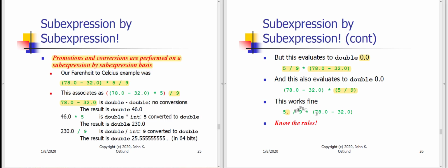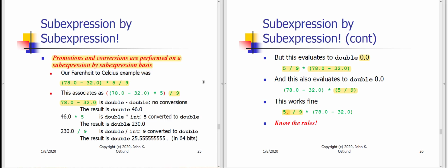All right, so here again, 5 over 9 is evaluated first, but this time that's a double precision result of 0.55555 and so forth. And that can then be successfully multiplied by the result of this double subtraction to yield a double value.